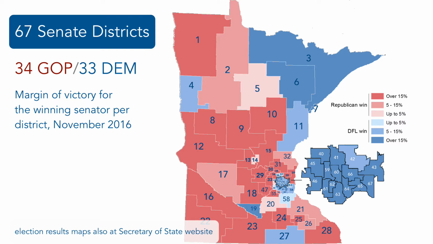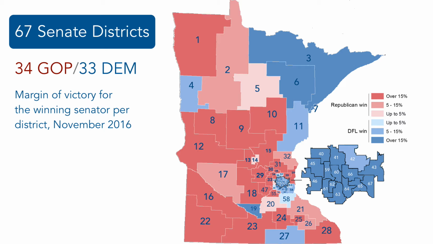So the light pink means that the Republican candidate won by up to 5%. If it's a little darker, it means they won by 5 to 15%. And if it's dark red, it means their candidate won by over 15%. And the same goes for the Democratic victories, with the lightest to darkest blue being the biggest victories.